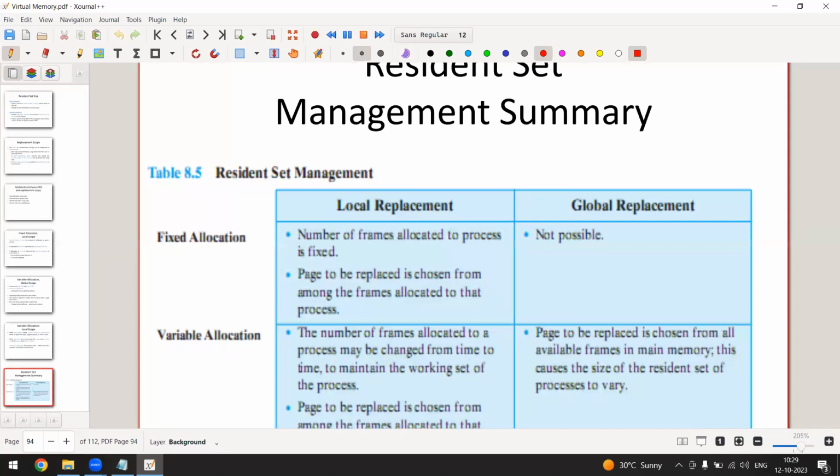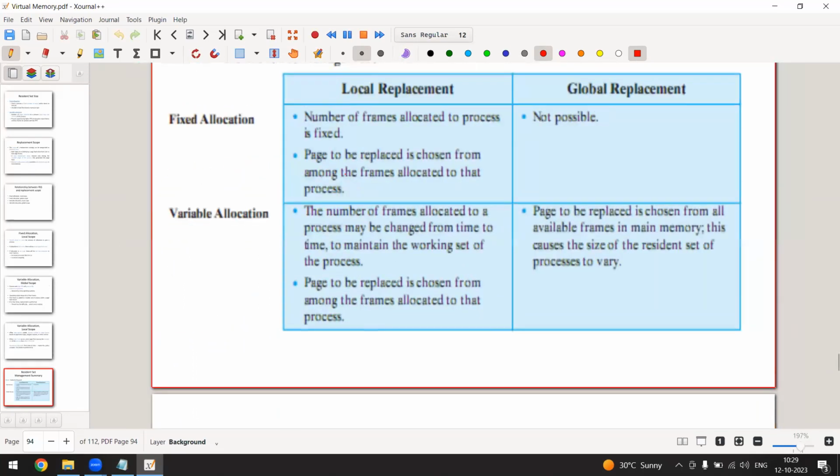So the number of frames allocated to the process is fixed, and the page to be replaced is chosen from the frames allocated to that process only. Next, variable allocation and local replacement scope: the number of page frames allocated to the process is variable in nature, and the replacement scope is local.